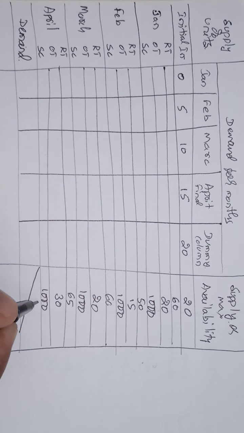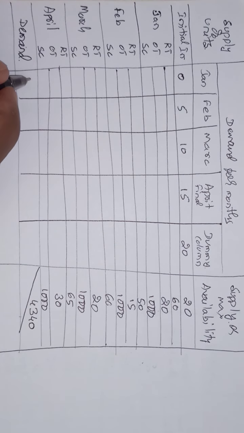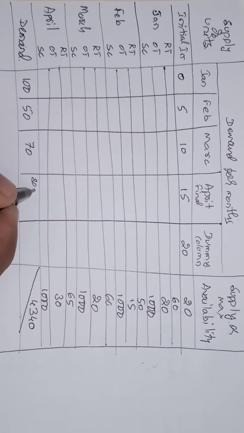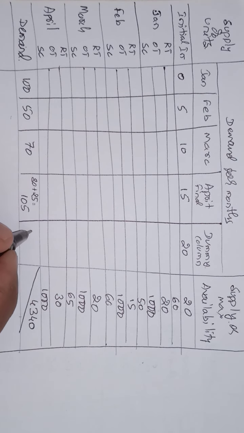By adding this, 4340 will come. Here 100 demand will be there, 50, 70, 80 plus 25. So this will become 105, and if you subtract 325 from 4340 it will become 4015.